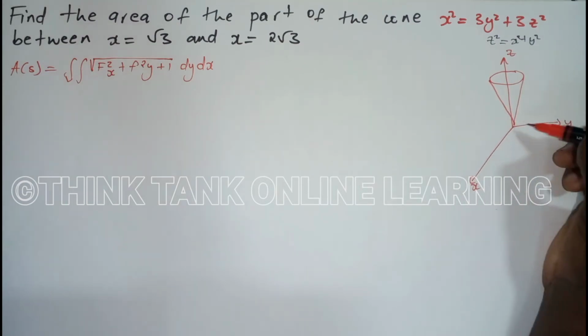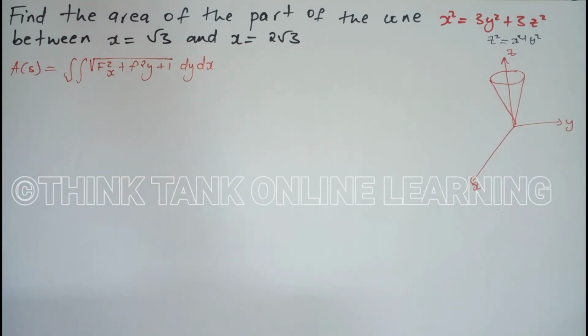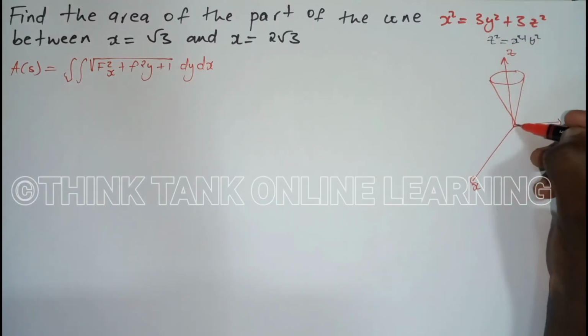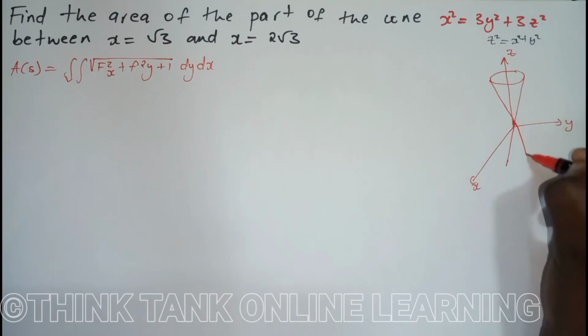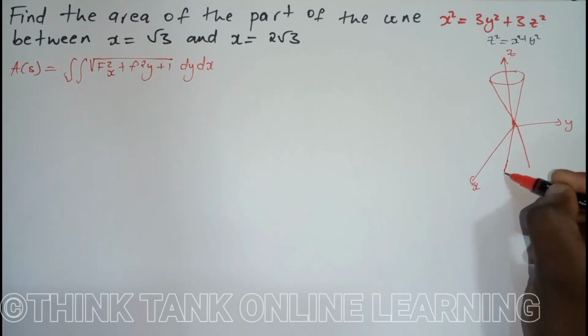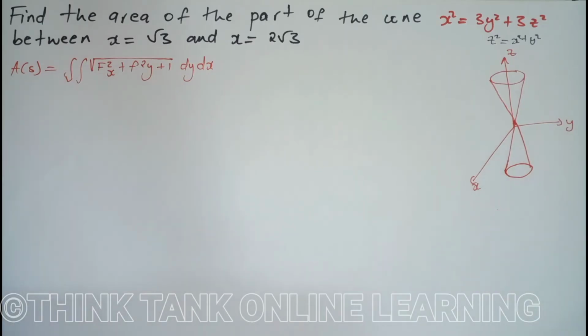Since it has got a square root, we're going to have the other part on the downward side, since the square root of a number is either plus or minus. Now this is a common cone, or ordinary cone.